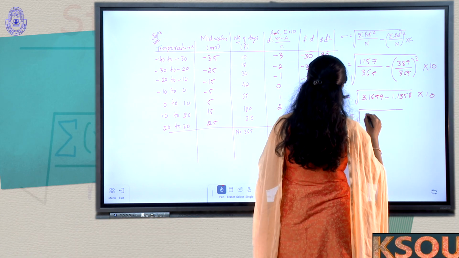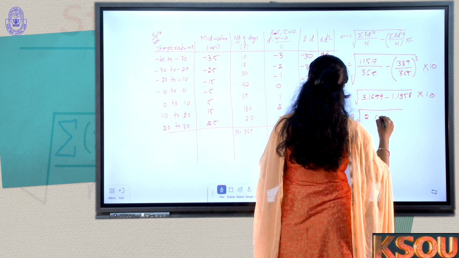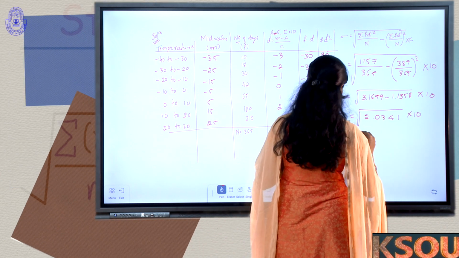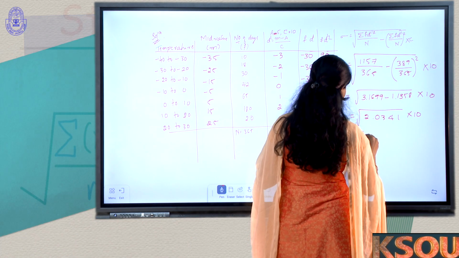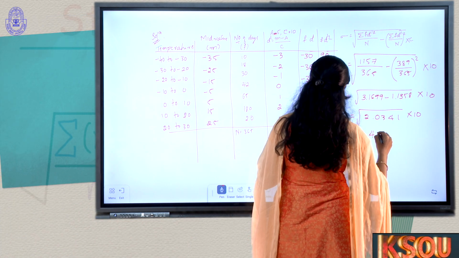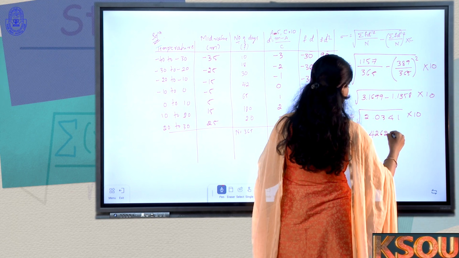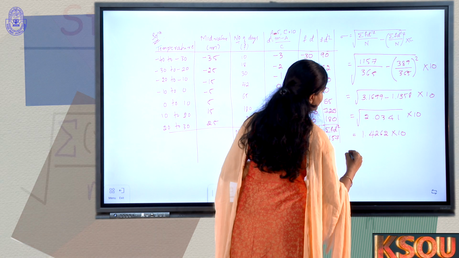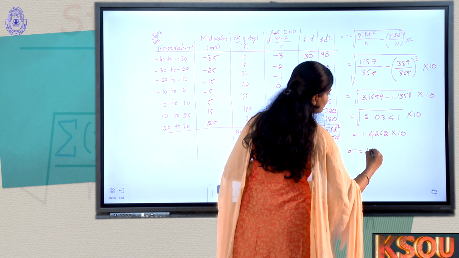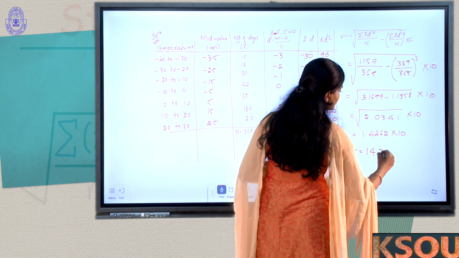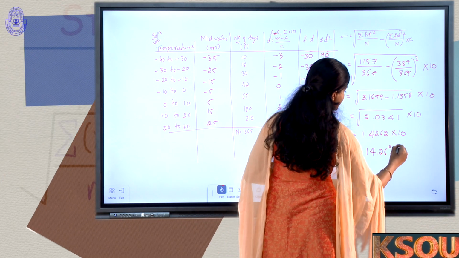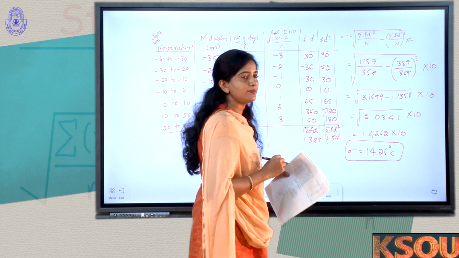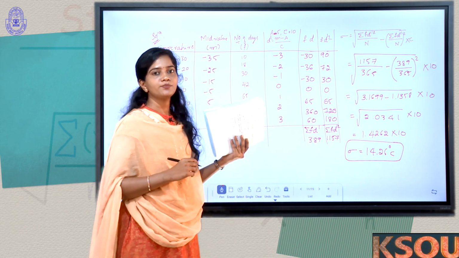The difference between these two is 2.0341, square root of that, into 10. Taking the square root, you will get 1.4262 into 10. So finally you will get sigma is equal to 14.26 degrees Celsius. So this is the standard deviation value for this particular question.